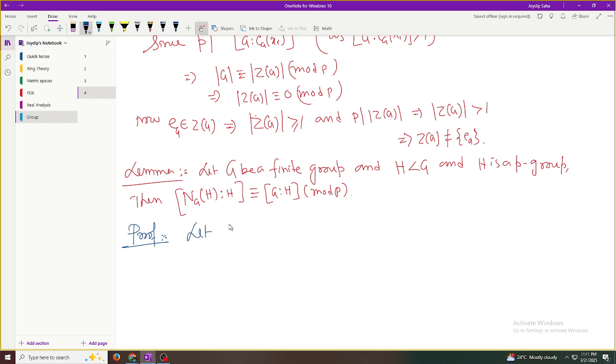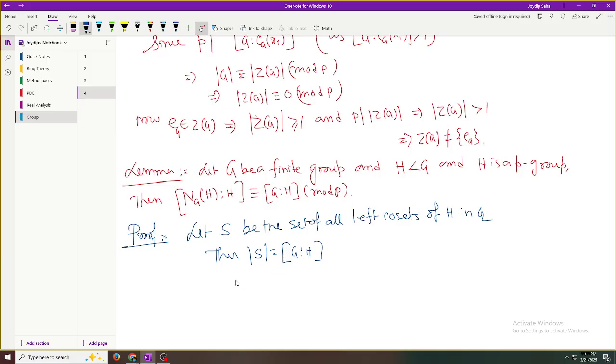Let S be the set of all left cosets of H in G. Then the cardinal number of S equals G colon H by notation.